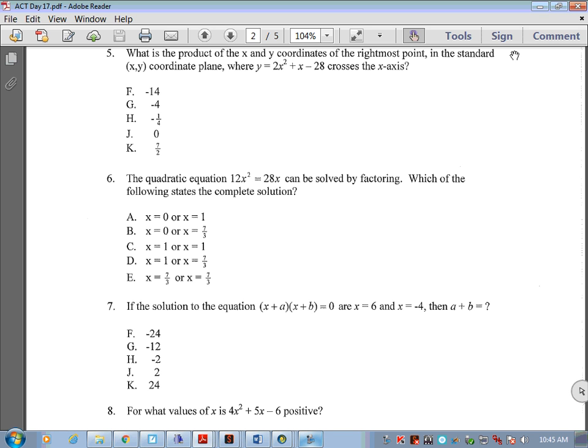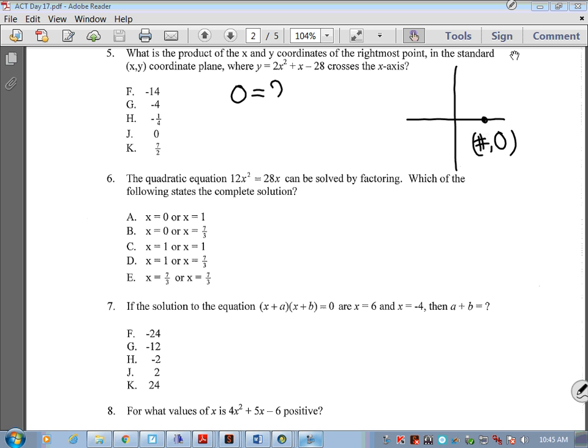Okay, so when we're crossing the x-axis, I want you to imagine that. If I'm crossing the x-axis, then I'm getting a number for x, and I'm getting 0 for y. So take that and apply it up here. So y would have to equal 0.